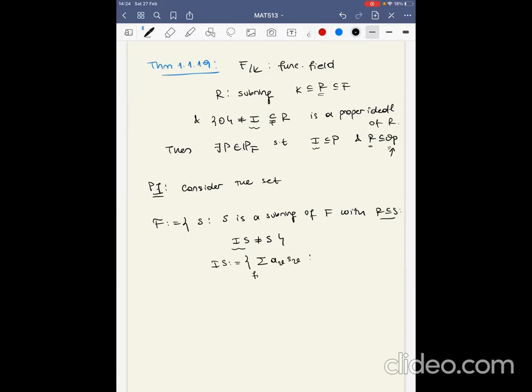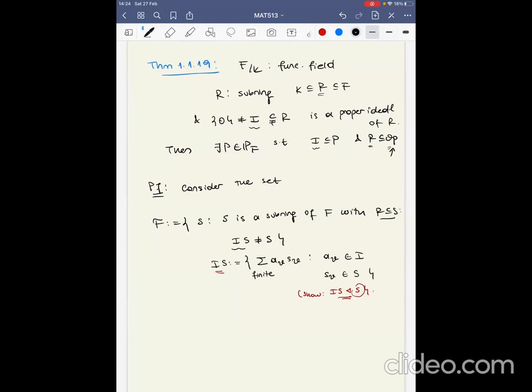That means it contains the finite sums of the products of elements a_v from the given ideal I and the elements s_v from S. As an exercise, we can see that this set indeed is an ideal in the given ring S. And here we consider the subrings such that this ideal is a proper ideal in S.